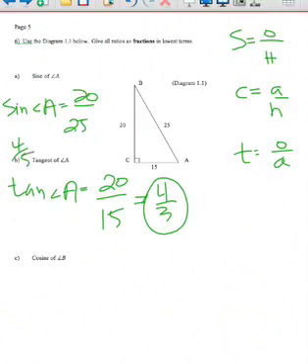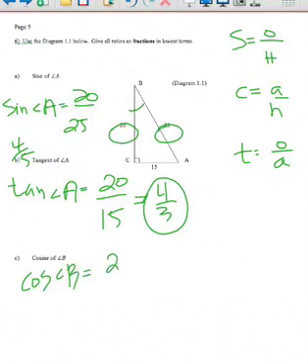But this time when we look at the perspective of B, we have to change our opposite. And we're looking for the cosine, which is the adjacent, which is 20, over the hypotenuse. So the adjacent is different here. So cosine of angle B equals the adjacent, which is 20, over the hypotenuse, which is 25, which reduces to 4/5.